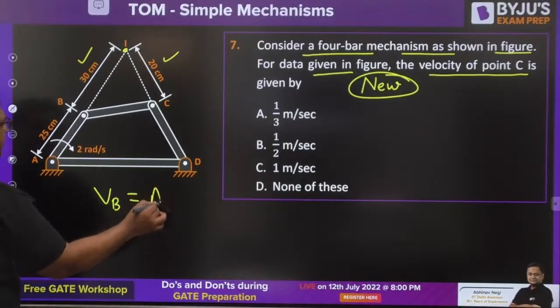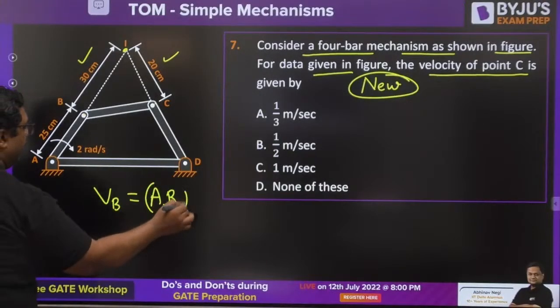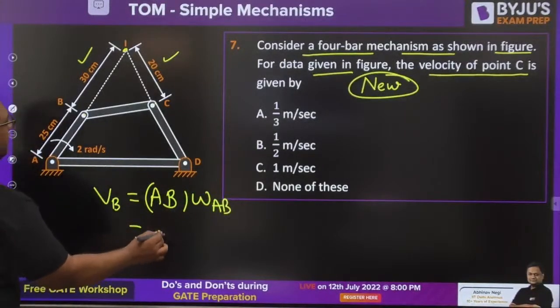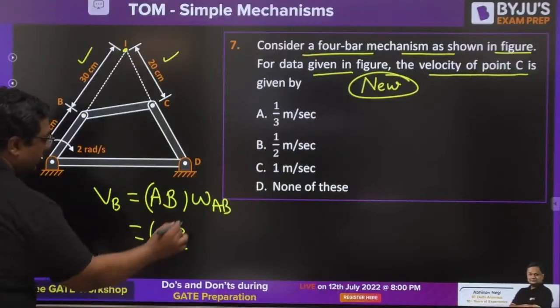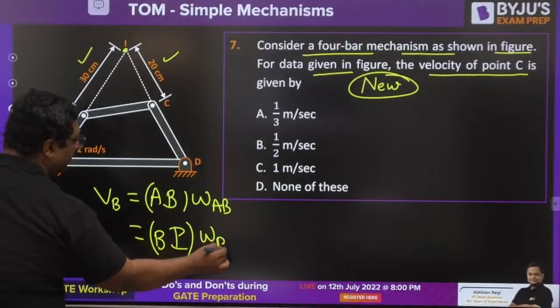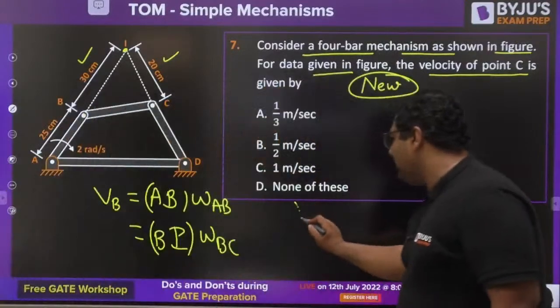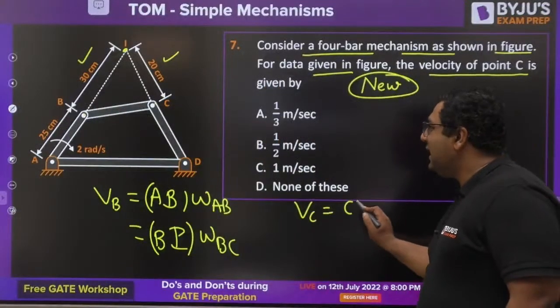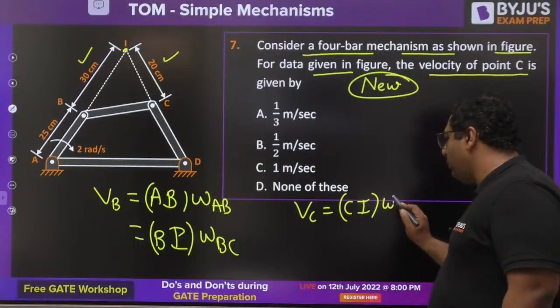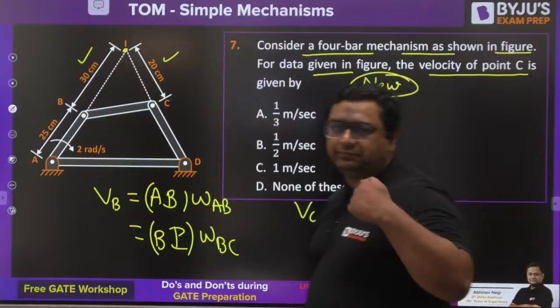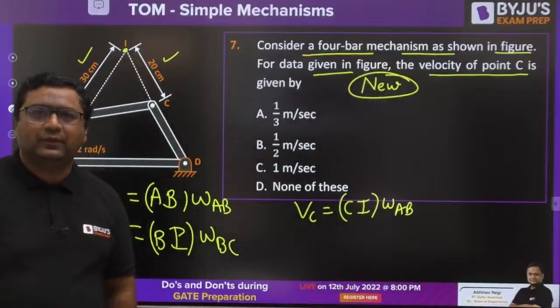Velocity of B is AB into omega AB, and it can also be written as BI into omega BC. Similarly, VC can be written as CI into omega AB. The hint is there in front of you. Solve it. Get the answer.